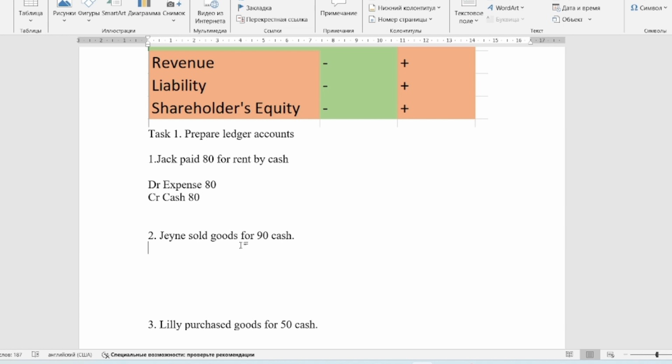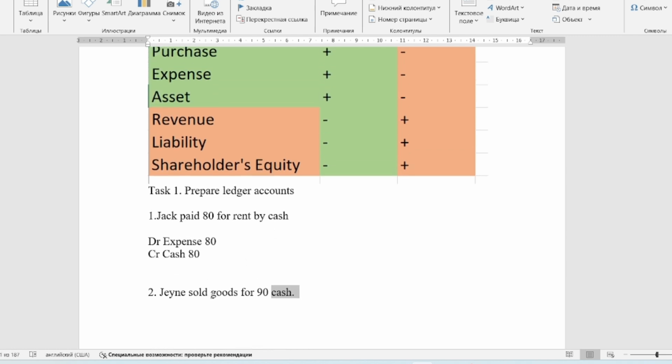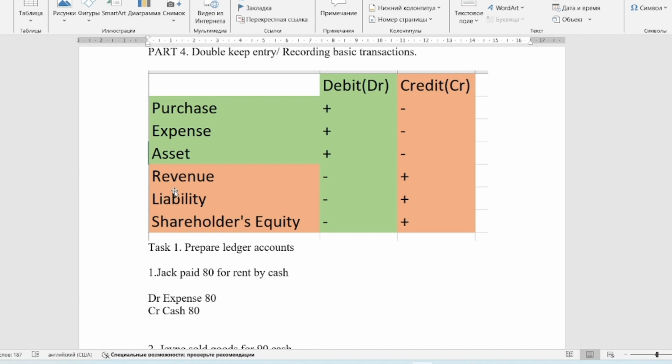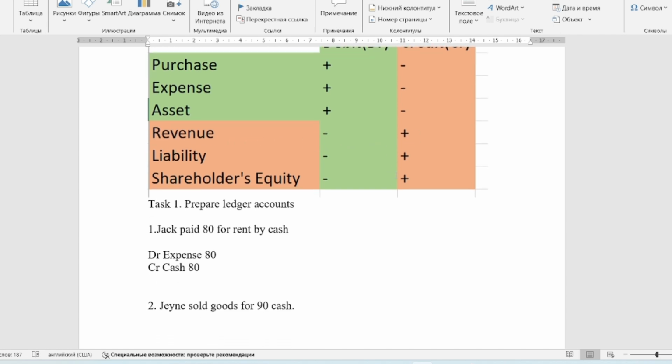Well, if we take a look at the second example, Jane sold goods for $90 in cash. Here we have a double side effect on sold goods, which means sales and cash. Sales is, in other words, revenue. We are selling goods, so we have more sales, but when there is an increase in sales, in other words revenue, we write it on the credit side.